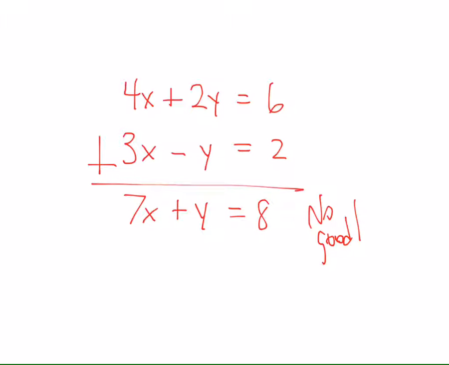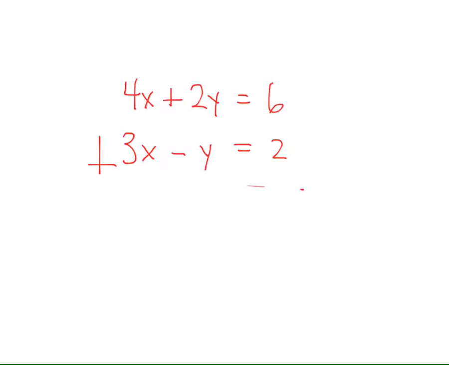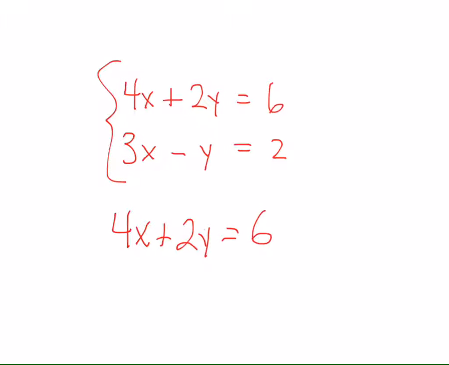But I can get creative. Watch this. I'll erase what I just did. What if I took this system and rewrote it as 4x plus 2y equals 6, but take this equation right here and multiply it times 2.